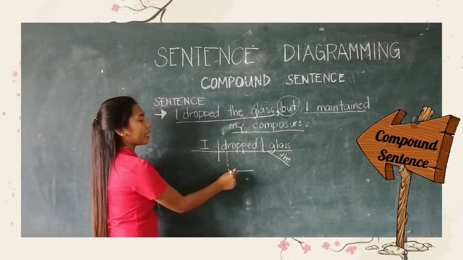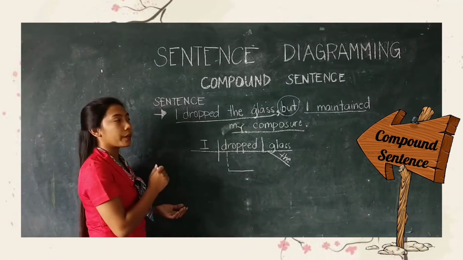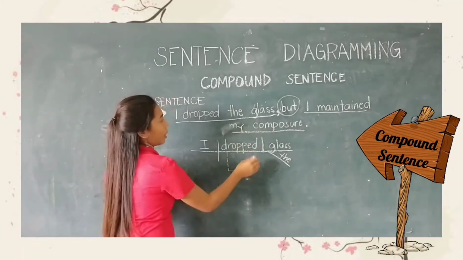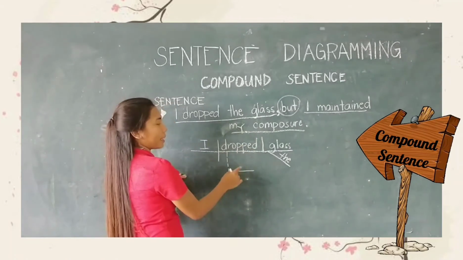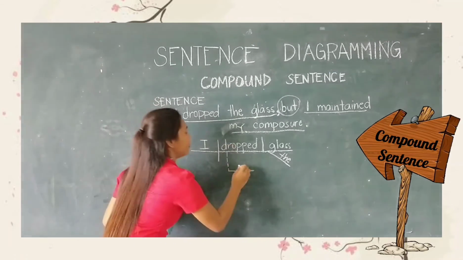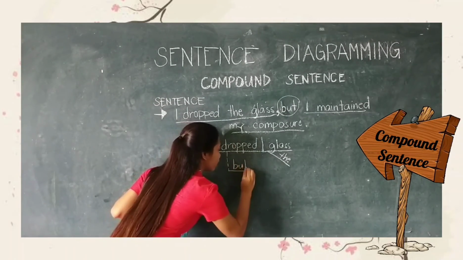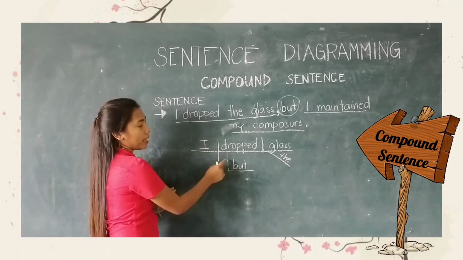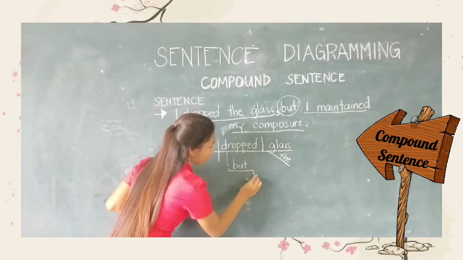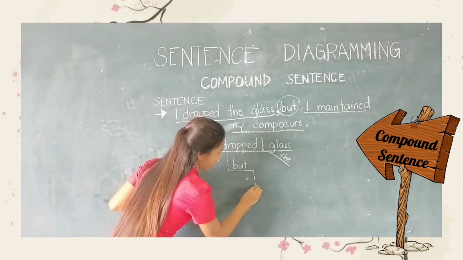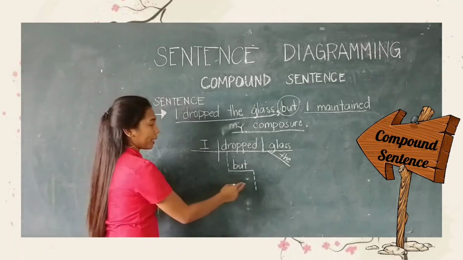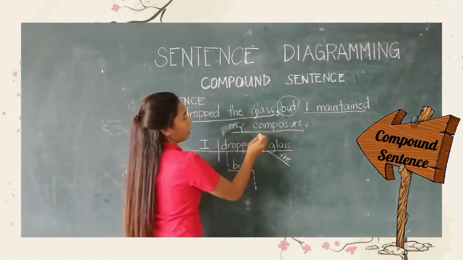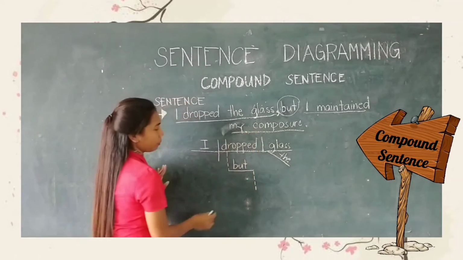In this horizontal line, we are going to write our conjunction, which is but. So our conjunction is but, that must be right parallel with the verb. After this, we're going to connect another dashed vertical line. After making this line, we're going to diagram the last clause, which is I maintained my composure.